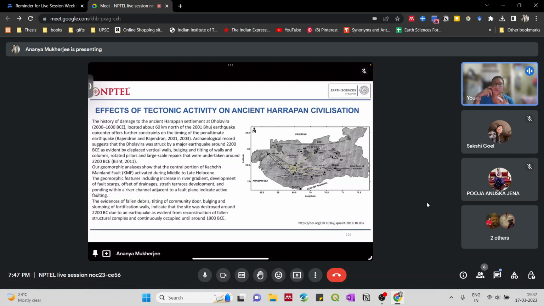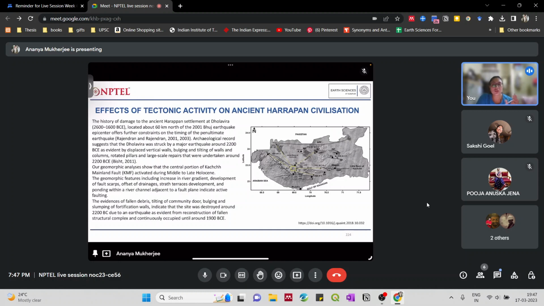With geomorphic analysis, people have found that the central portion of the Kutch mainland fault got activated during the middle to late Holocene. If you remember, the Holocene is the most recent period according to the geological time scale.